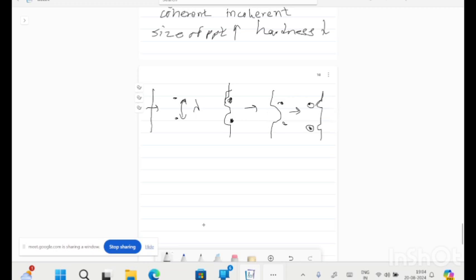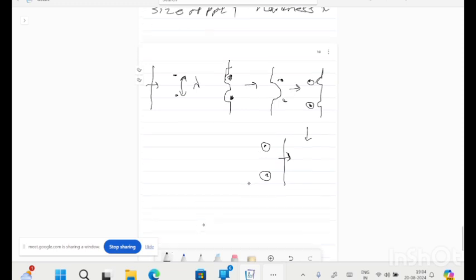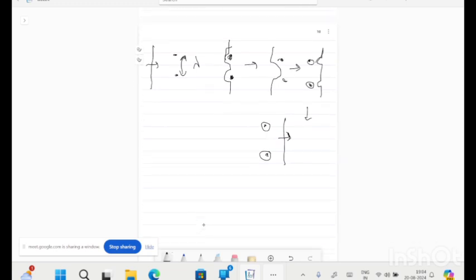Then after this point the dislocation line will straighten out due to line tension, and the dislocation loop around the precipitates remains behind. So in this case the distance between two particles is less, that's why the dislocation motion is hampered this much.